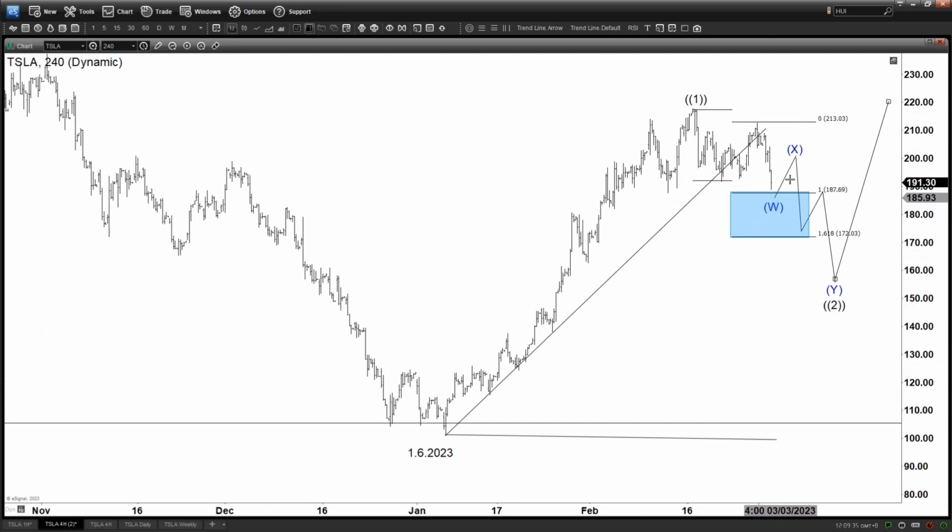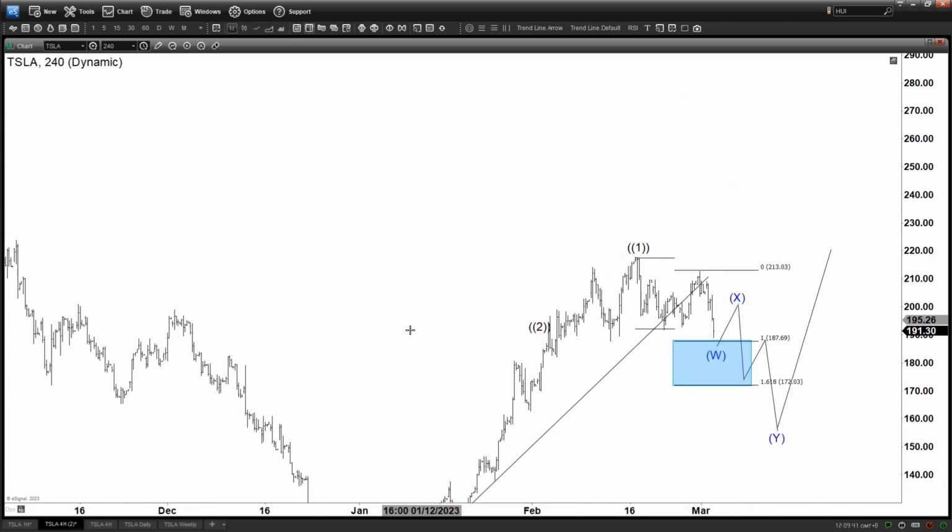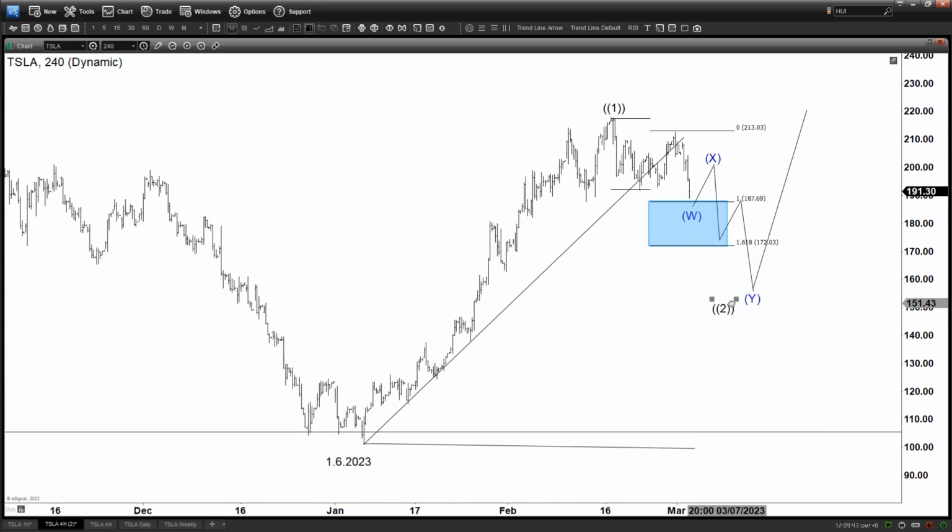So instead of calling this a WXY, we will obviously call it finished here because we think the direction of the higher degree trend is to the upside due to the impulsive move here. Now, even if this is going to take place, you're still going to get a reaction anyway. So again, with that reaction, basically you are already safe.